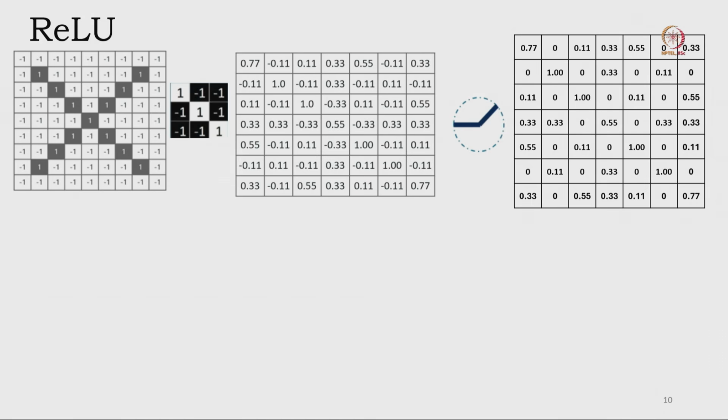The input is the alphabet X. On this you have applied this kernel, and these are the features that it has extracted, and then you have passed it to ReLU, and this is the output that you have obtained. If you look at this very carefully, this is an alphabet X. We will say that it is X because you have these, right?